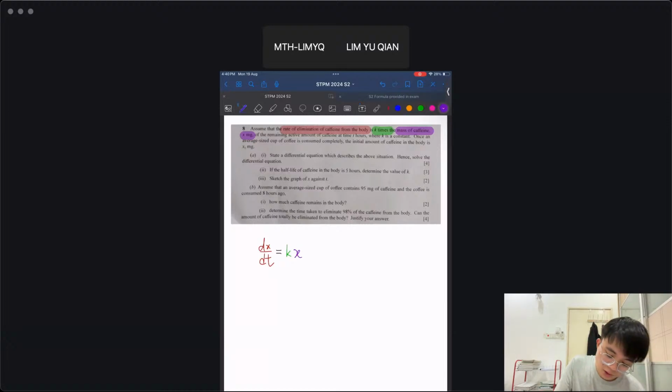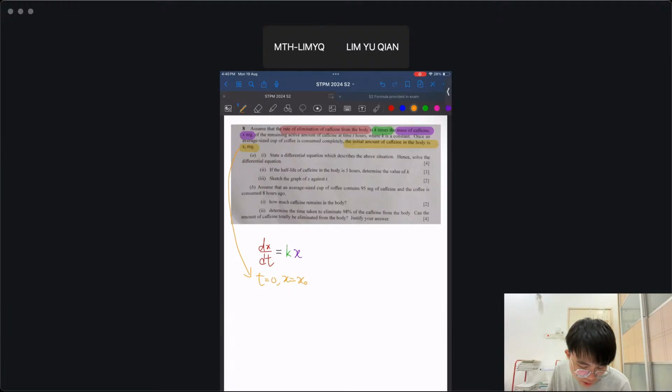Okay, this one is just the condition. Just care about this one: the initial amount in the body. So this basically tells you the condition. t equals 0, x equals x0.